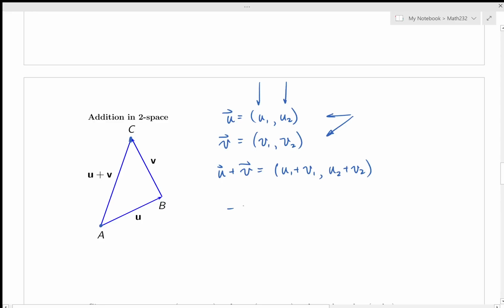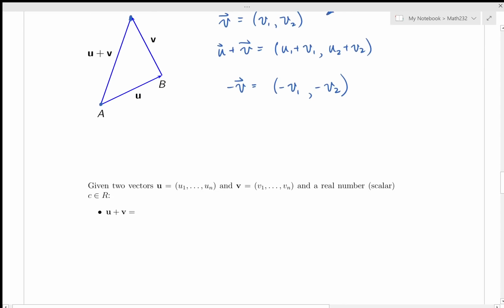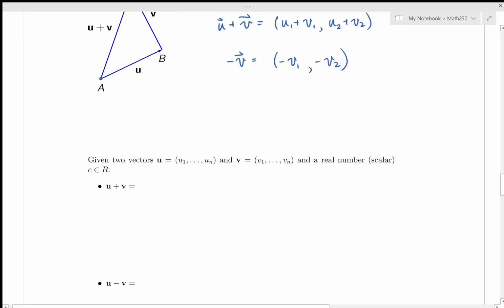Similarly, if you wanted to take minus v, you would simply take the minus of each component. Let us take an example of this. This is v, and I'm just picking some numbers here. So here's a three-dimensional vector with x component 1, y component 5, and z component 7.